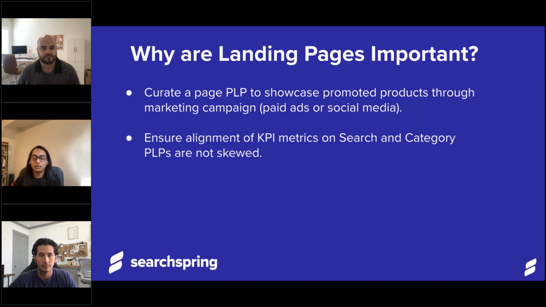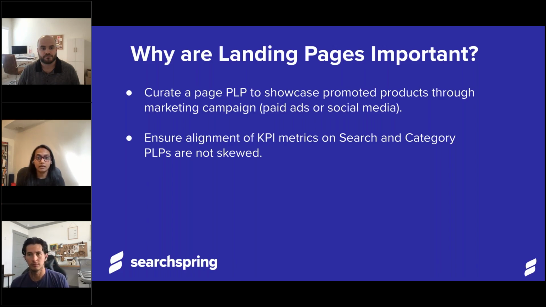Yeah, so with our previous landing page, we had features like the products tab, and using this, the merchandiser could only add products manually, where they have to curate the list and pin products to create that particular page for a targeted marketing campaign. So we wanted to add more flexibility and ease of use for this merchandiser experience.